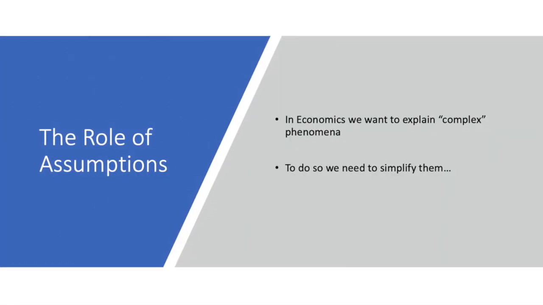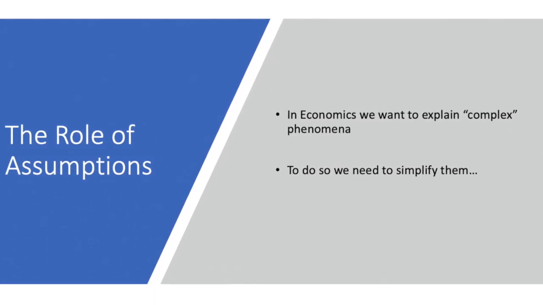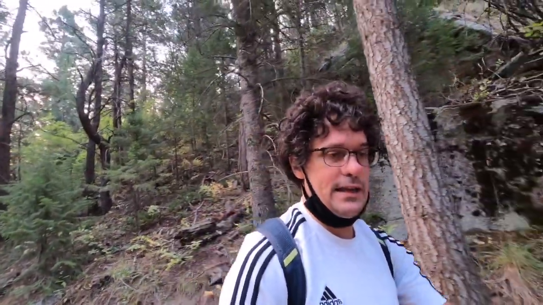So let us start with the role of assumptions. Now, economists want to explain very complex phenomena. For instance, the impact of this COVID crisis on the macroeconomy. Now, these are very complex phenomena. There is an epidemiology literature that talks about how the virus is spread, the type of the virus.